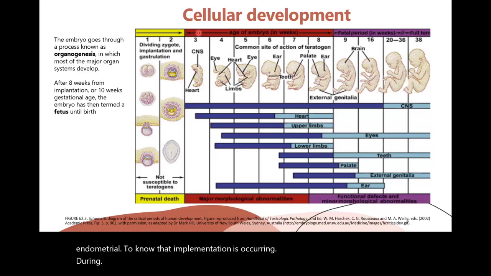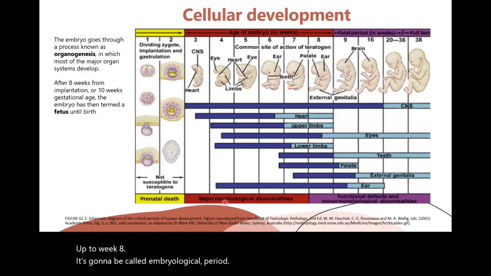After fertilization and implantation, which is not susceptible to teratogens, from week 3 up to week 8 it's going to be called the embryological period.